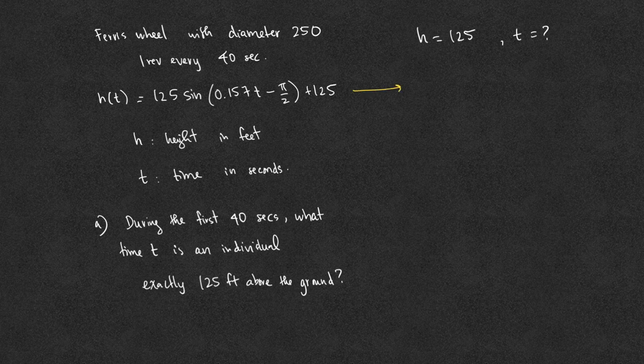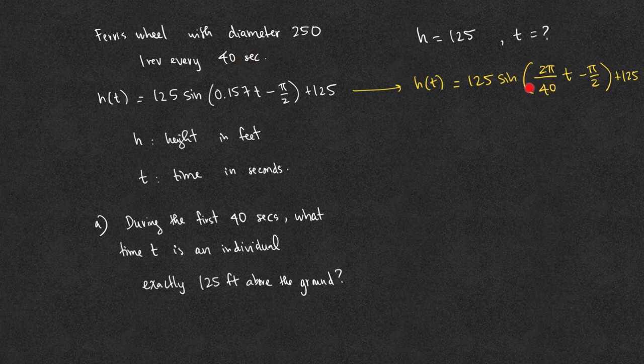Notice that this equation is actually h of t equals 125 sine of (2 pi over 40 t minus pi over 2) plus 125. 2 pi over 40 because the principal period of sine is 2 pi, and in this case, the period is 40 seconds.